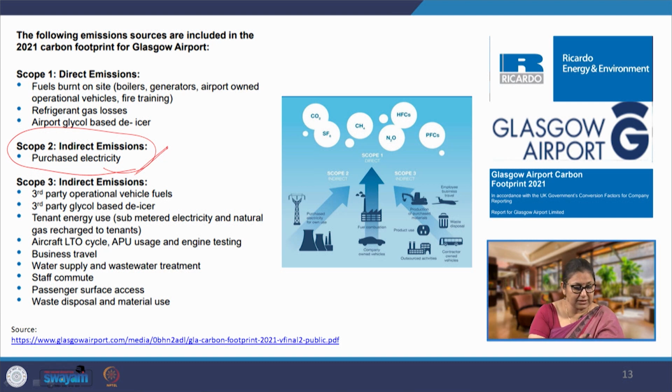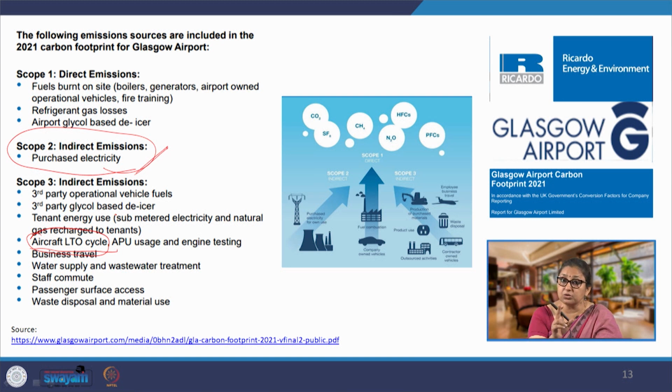Additionally, if we look at the factors which can be influenced for scope 1 and scope 3, it is this additional LTO cycle. Now, I am talking about the influence of design. So, how the airplanes are going to taxi. If there is a longer route for airplanes to taxi, there will be a larger amount of emission accruing from the LTO cycle.